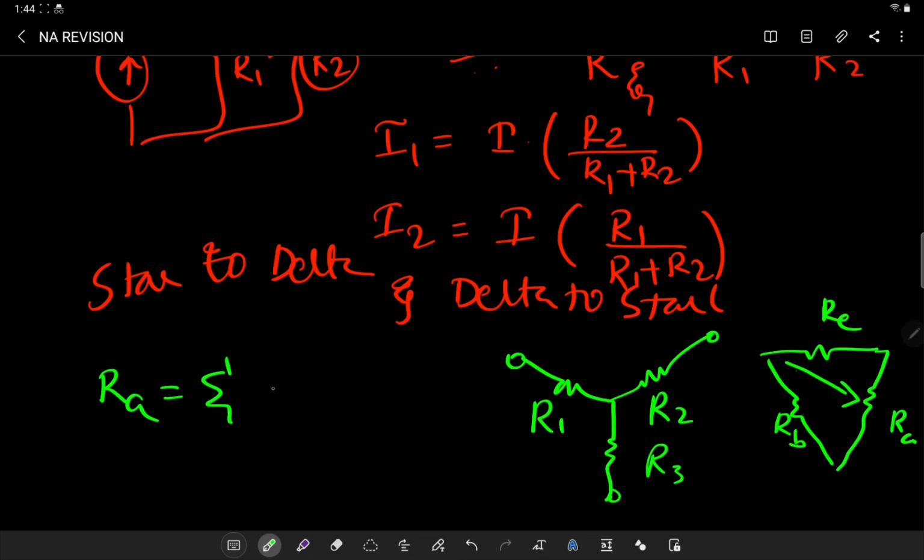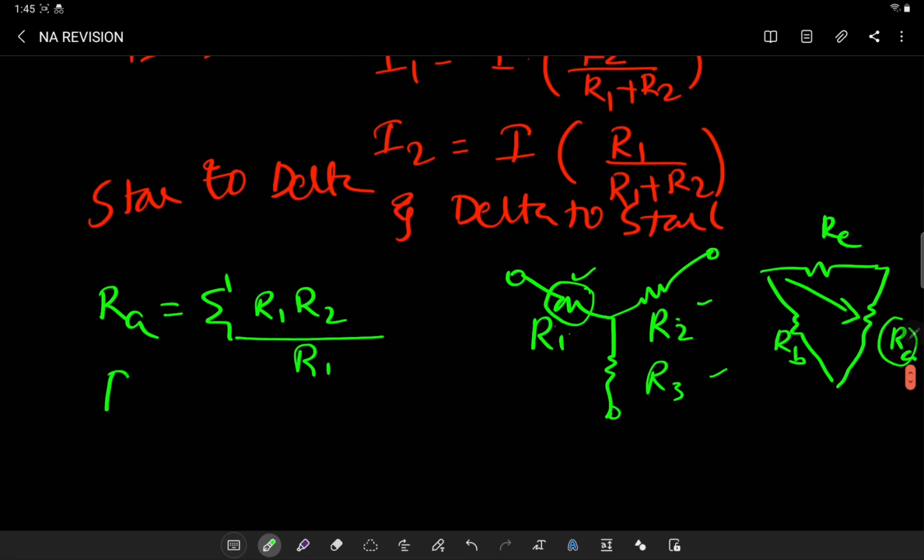I'll simply take two resistors at a time, which is R1, R2, and then based on the symmetry, R1 R2 into R2 R3 into R3 R1 divided by the exact resistance at this particular branch. Because I'm calculating RA, it will be R1.